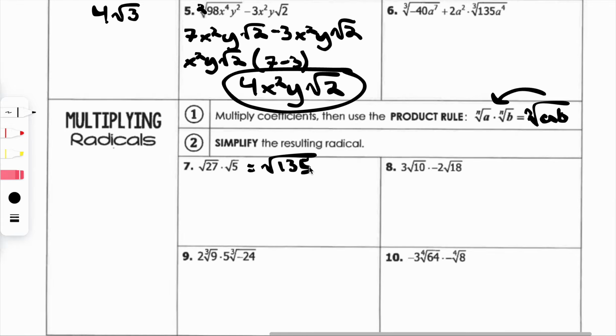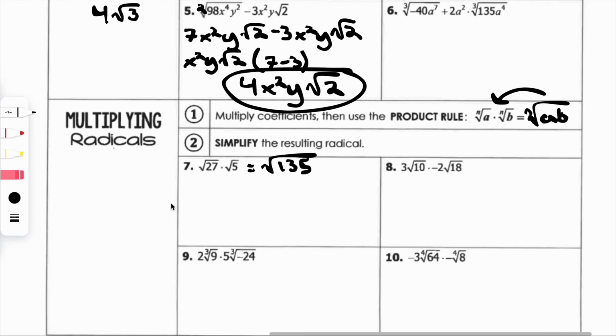Now, we want to think of some perfect square factors of 135. So, is 4 a factor of 135? No. Is 9 a factor? Let's think about it. Well, 9 times 10 is 90, and then we have 45 left until 135. And 45 is a multiple of 9.